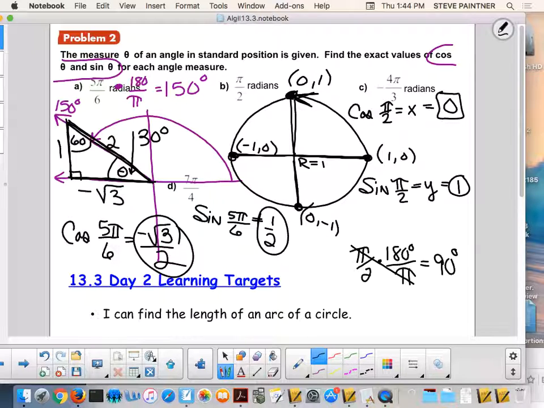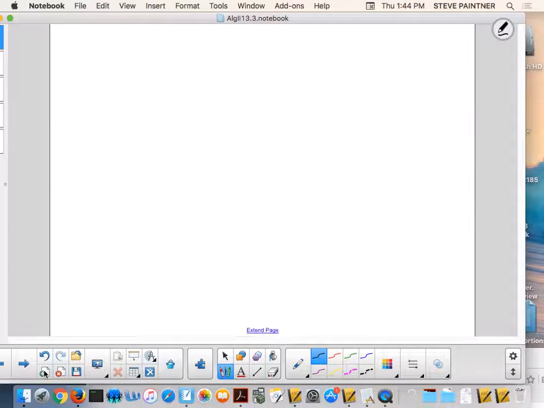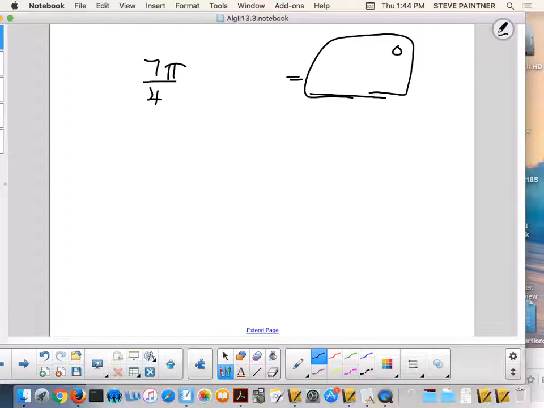So would you start that one? 7 pi over 4. You might want to figure out what you're looking at in degrees. What is 7 pi over 4? Don't say it. Just do it.